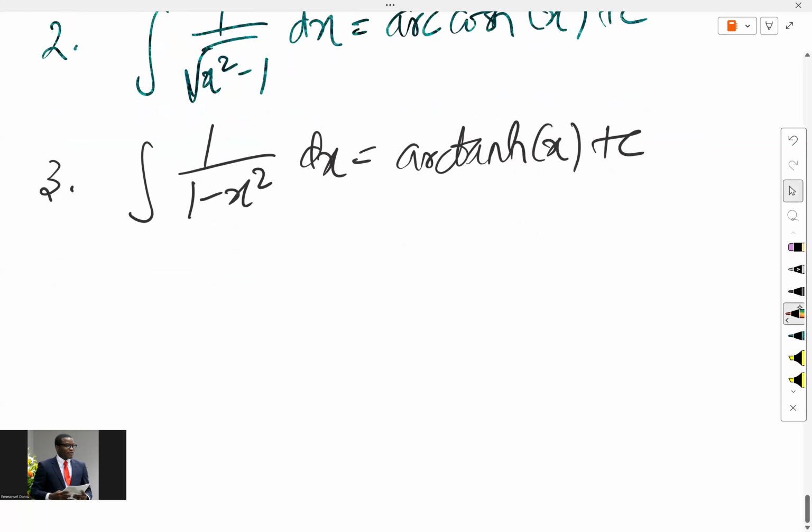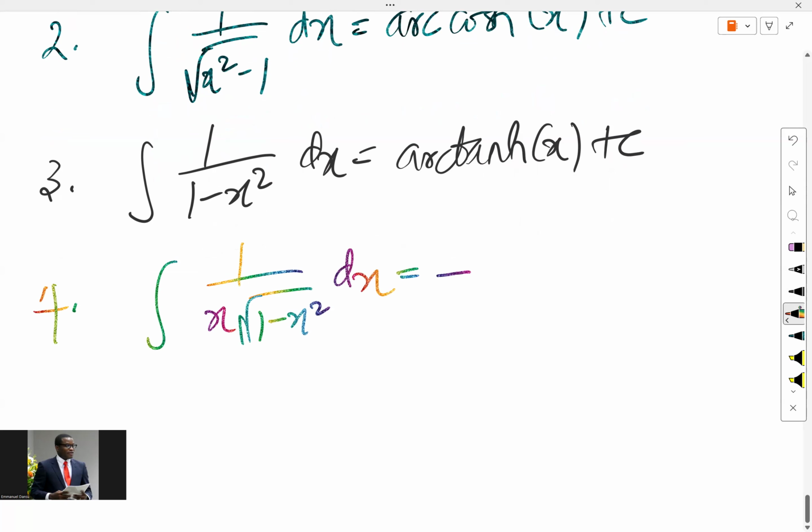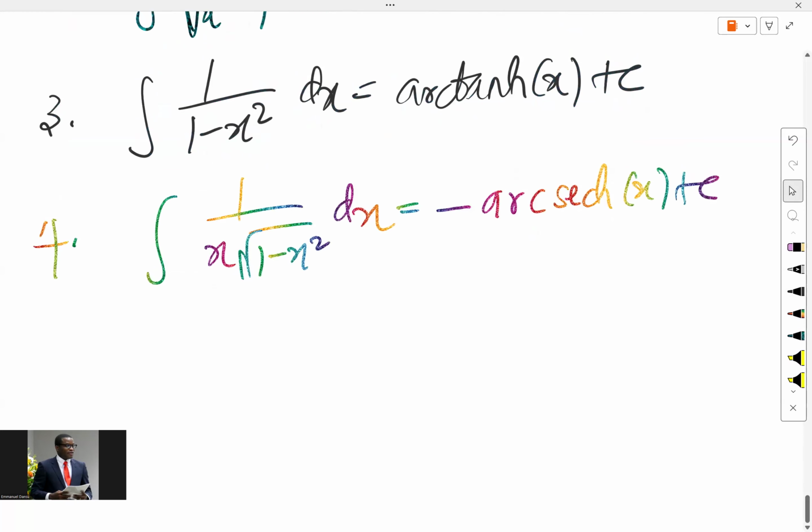Then we go again. Number 4, any integral involving 1 over x root 1 minus x squared dx, that will be equal to minus arcsech x plus the arbitrary constant c. So we have these 4 integrals involving hyperbolic functions.